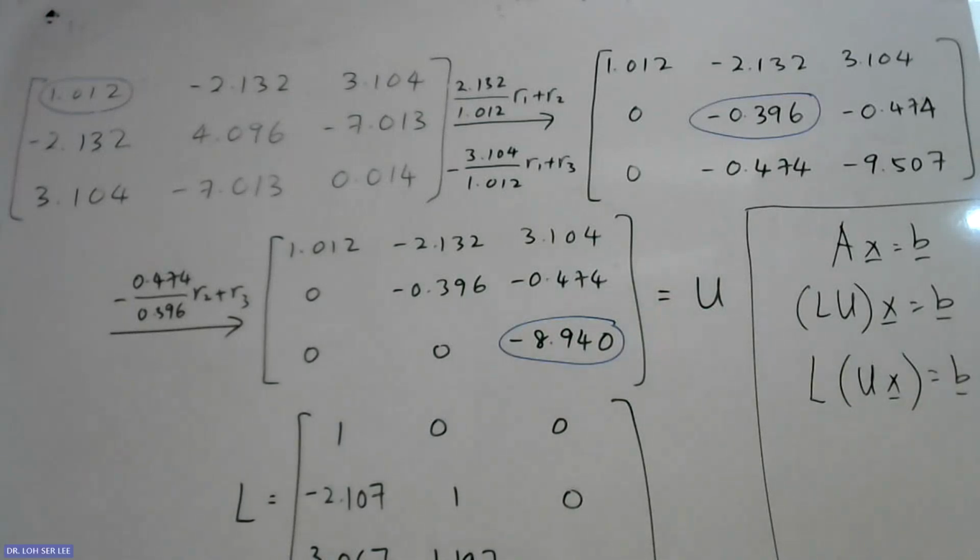Then we let UX be Y. Okay, you have to write this up. So let UX be Y. Hence, LY is B. Then only start. What is the L? What is the B? Solve for Y.